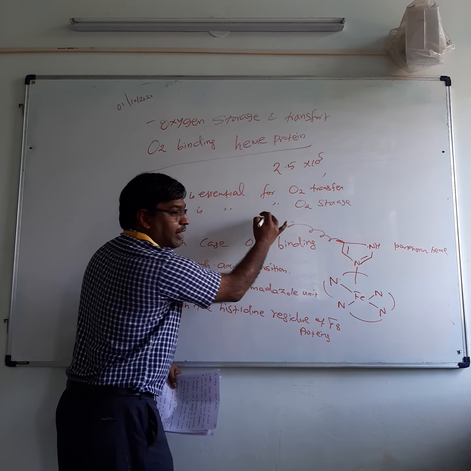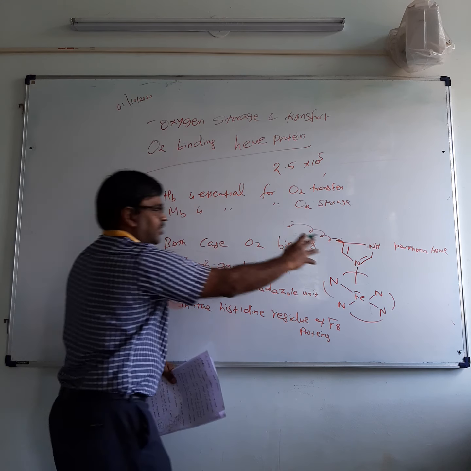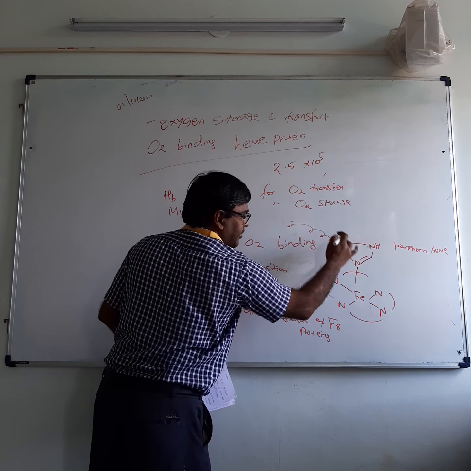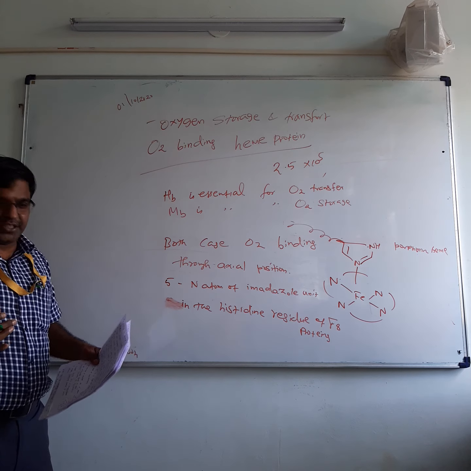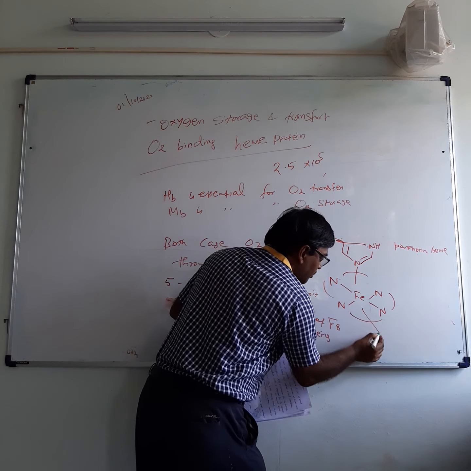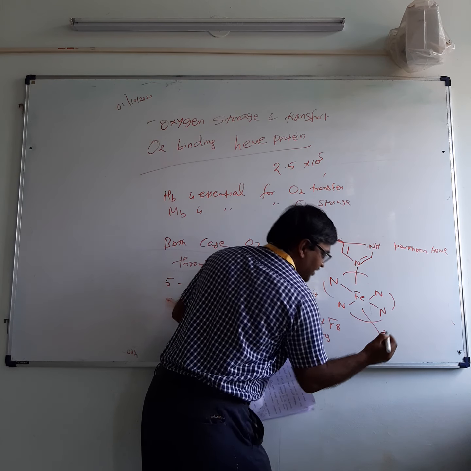This chain has the F8 protein in the long chain, and this histidine unit is the part where the imidazole unit is going to coordinate at the fifth position of the iron, and then the sixth position will be the oxygen.